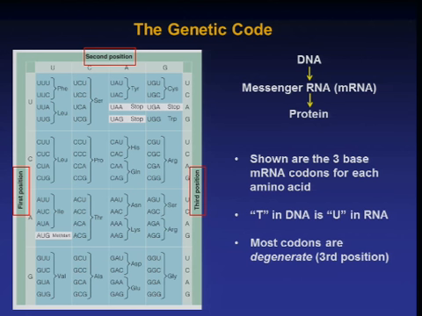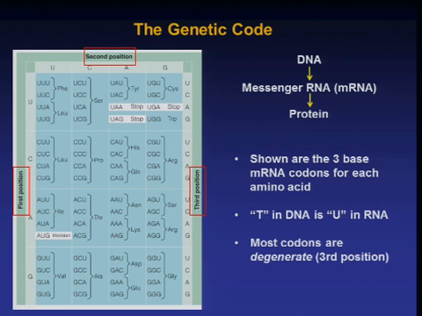One is when you see U's here, that's because these bases are in the messenger RNA. There are no T's in RNA, right? Wherever you had a T in the DNA, uracil is being put in the RNA. The third point, and this becomes important when we talk about making oligonucleotides to go and fish out a gene, is that at the third position, especially, these codons are degenerate.